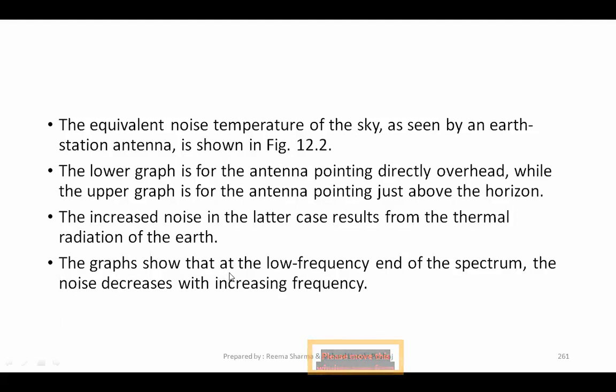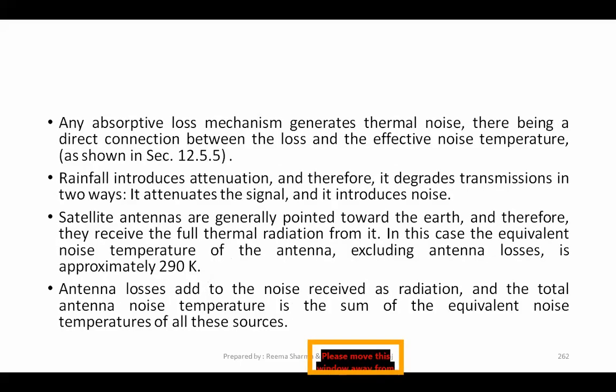The graphs show that at the low frequency end of the spectrum, the noise decreases with increasing frequency. So as the frequency increases, the noise decreases. Any absorptive loss mechanism generates thermal noise.